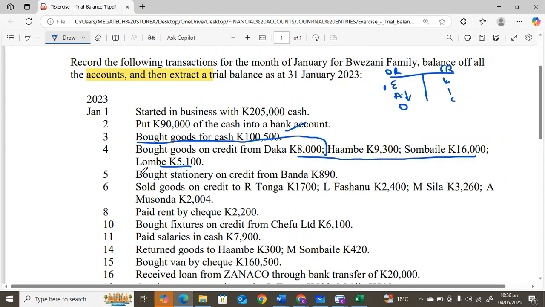Okay, we go to the next one. Bought stationery on credit from Banda 890.